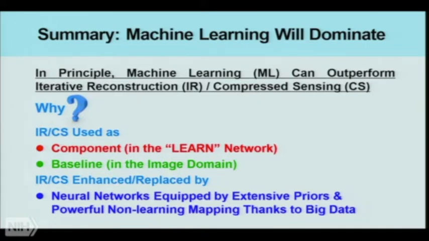And the training capability and the big-data-driven network will step forward, so you will have better performance. So iterative or compressed sensing-based algorithms eventually will be enhanced or replaced by neural networks, and that is very powerful in terms of extensive prior and nonlinear learning mapping capability due to big data. Thank you.